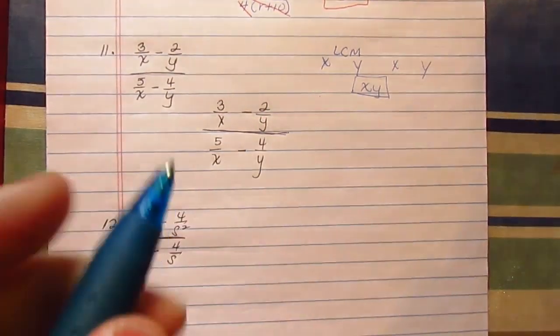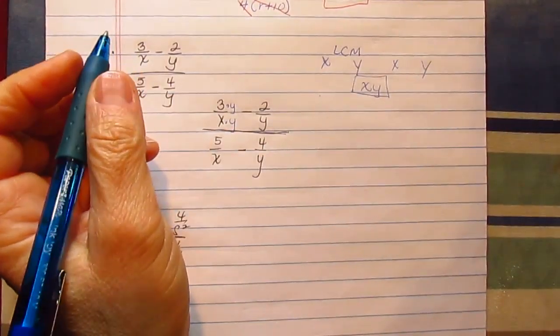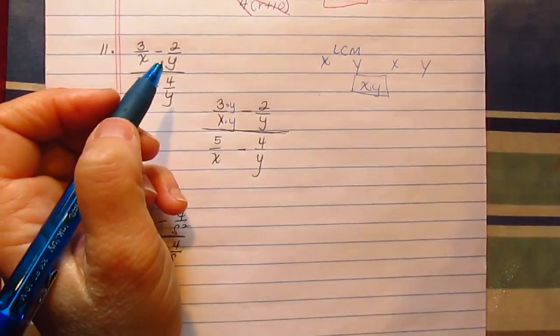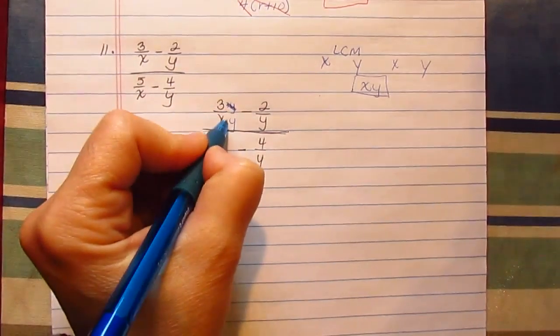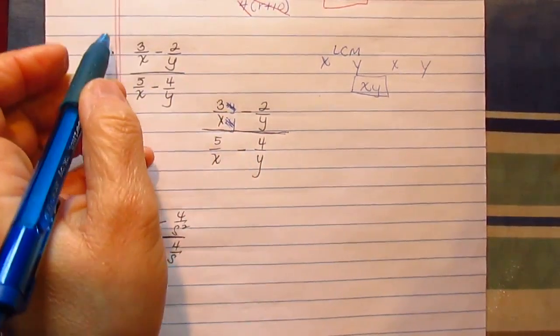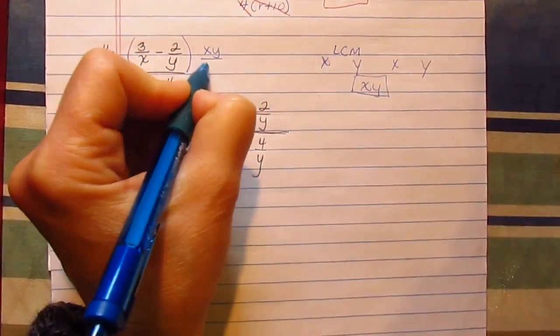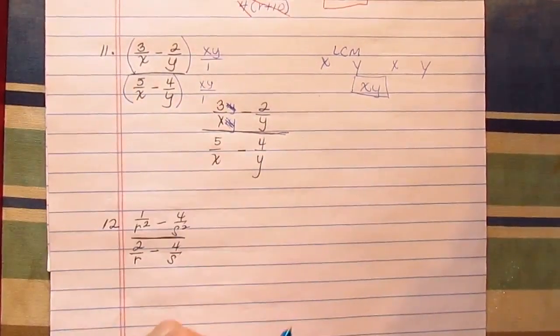This one is going to be multiplied by y over y. You know what? I'm not doing that right. What did I say? My goal here was to multiply this whole thing by xy over 1 and this whole thing by xy over 1.